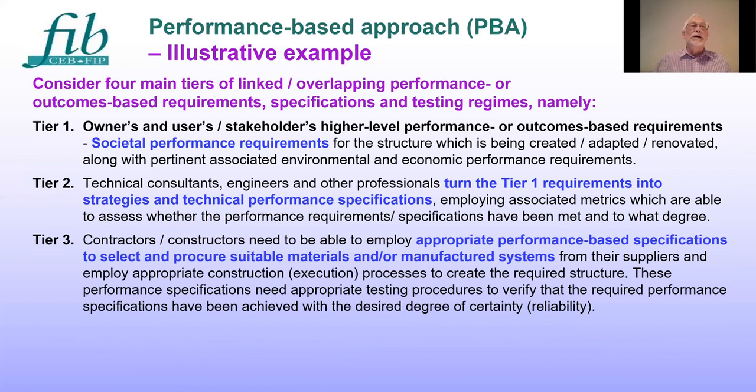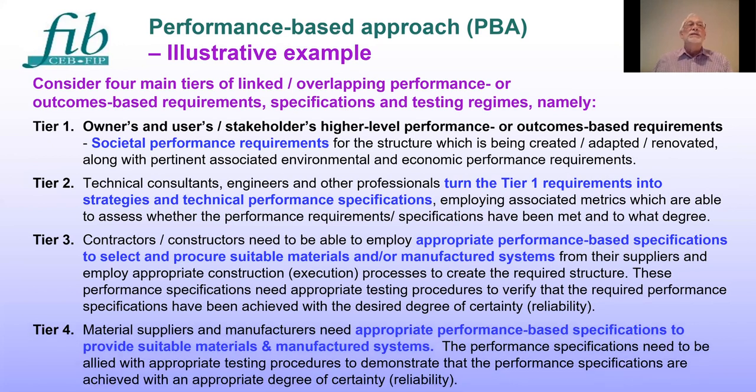Contractors and other constructors would be, in this example, seen as dealing with the Tier 3 procedures, which would be creating appropriate performance-based specifications to select and procure suitable materials and manufacturing systems to address the requirements set down in Tier 2. And then at Tier 4, material suppliers and manufacturers would again need appropriate performance-based specifications to provide suitable materials and manufactured systems to achieve the requirements set down in Tier 3.